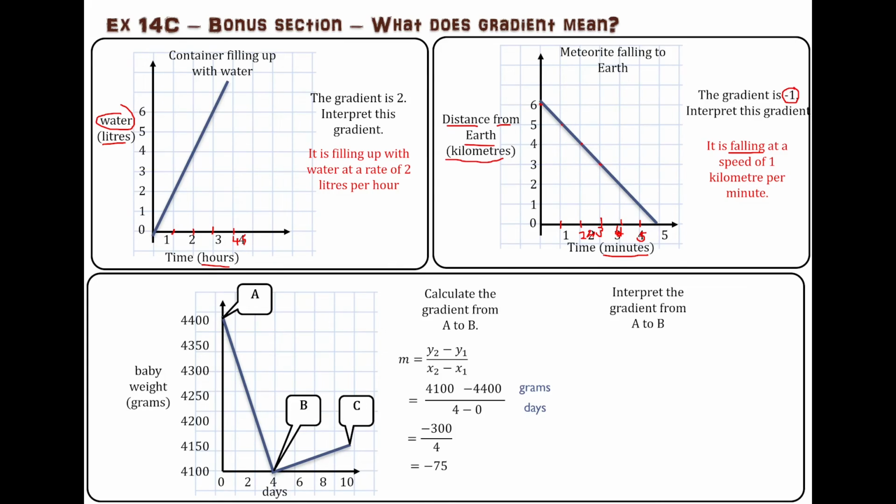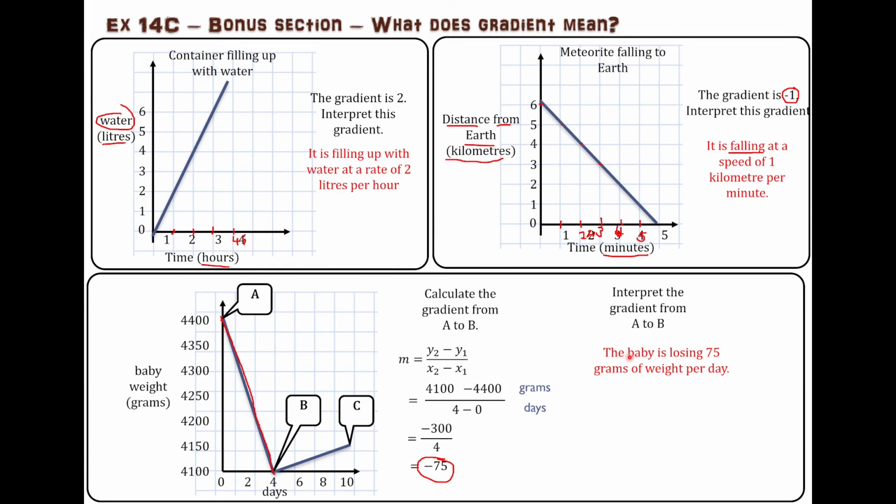And this graph, when you look at it and figure out the gradient from here to here, ends up being -75. When you look at this as a new dad, you haven't had a kid before, you think, oh, this is really steep. Is this really bad? Well, you can calculate the gradient to get a number to see if that is good or bad, or if it's a problem or not.